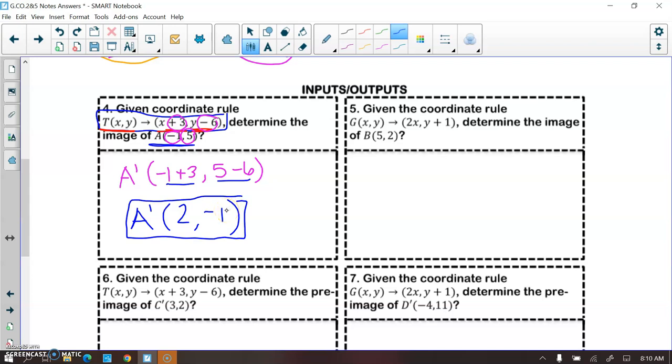So moving on to number 5, this time I have coordinate rule G. Again, it does not matter what you name it. It could be coordinate rule H, it could be coordinate rule C, it does not matter. I'm going to take my pre-image B, and I'm going to put it into that coordinate rule to find B prime.